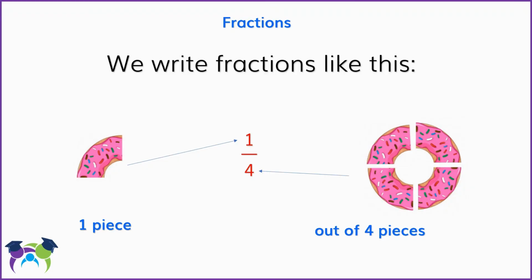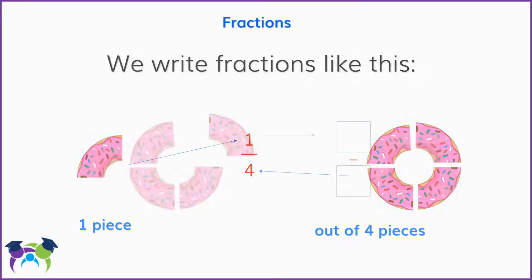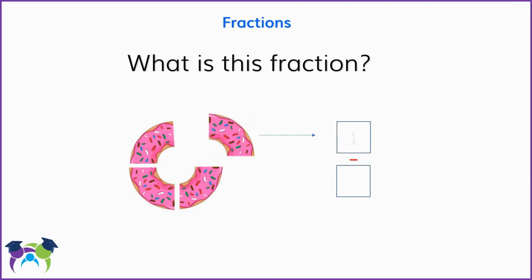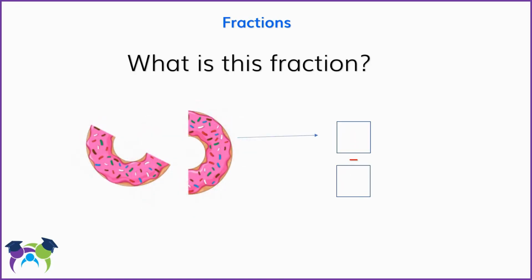Quarter. What is this fraction? This is a quarter. How do we write this fraction? We have 1 piece out of 2 pieces. So we write the fraction like this. This is a half.